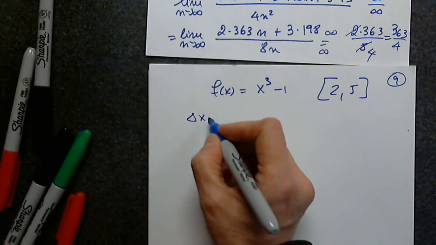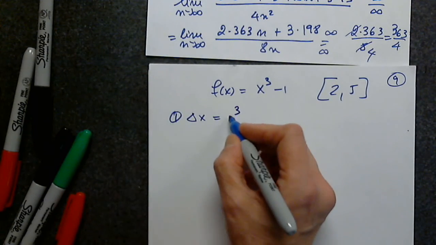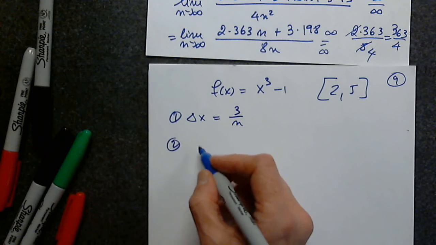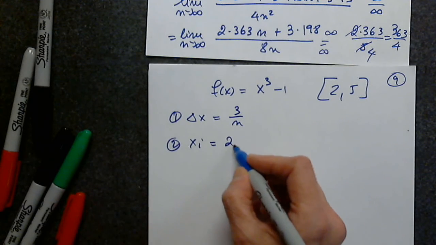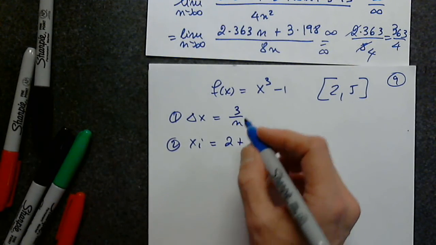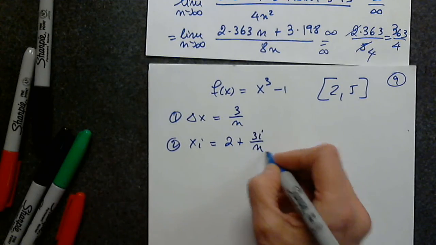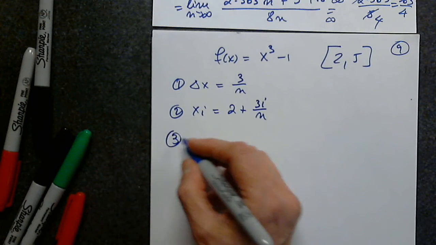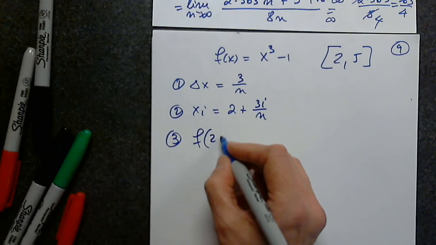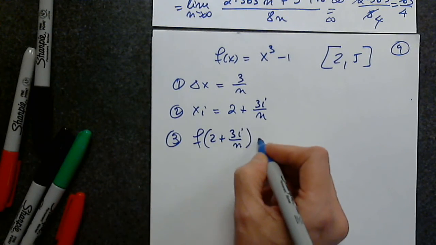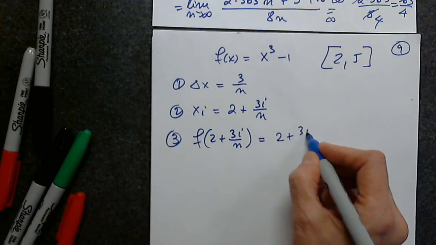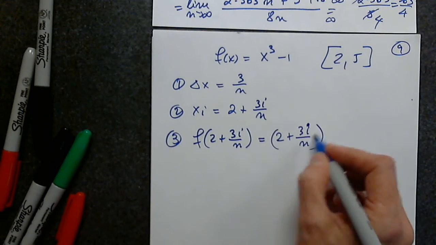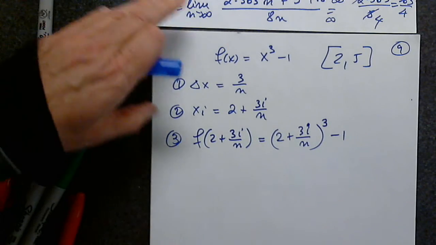Then delta x, the first prep is fine, is 3 over n. The second prep is fine. It's xi, which is 2 plus i delta x, 3i over n, correct? But now I get into a little bit of a problem because I have 2 plus 3i over n, which is 2 plus 3i over n cubed minus 1.